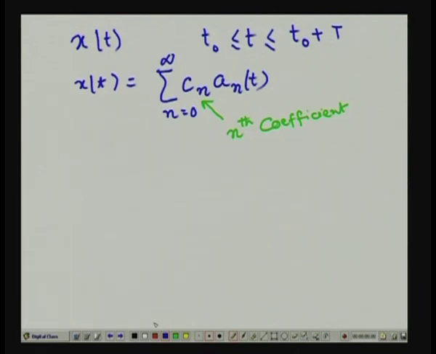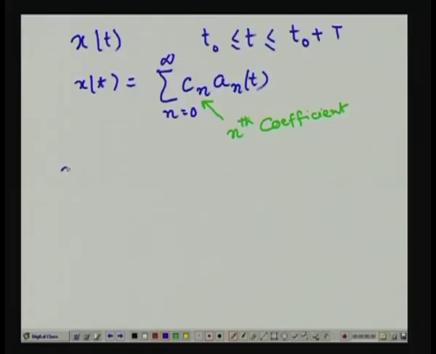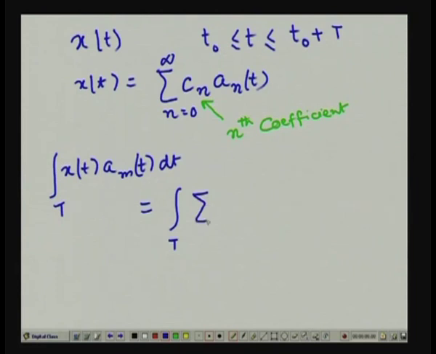So, we multiply both sides by a function say a_m(t) and take the integration over the interval capital T. What we get is the integral of x(t) a_m(t) dt over capital T, which will be equal to the integral over capital T of the sum of C_n a_n(t) into a_m(t) dt.